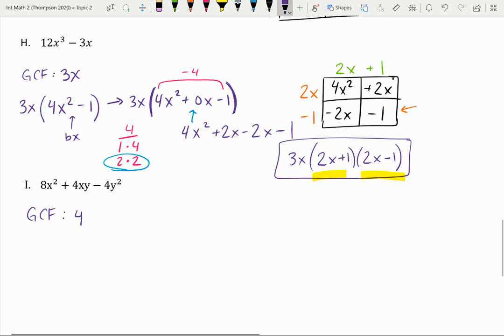Yes. Is there a variable I can take out of all three terms? No. The first term has x's, the middle term has x's and y's, and the last term has y's. They don't all have the same term. So I factor out a 4. That leaves me with 2x squared plus xy minus y squared.